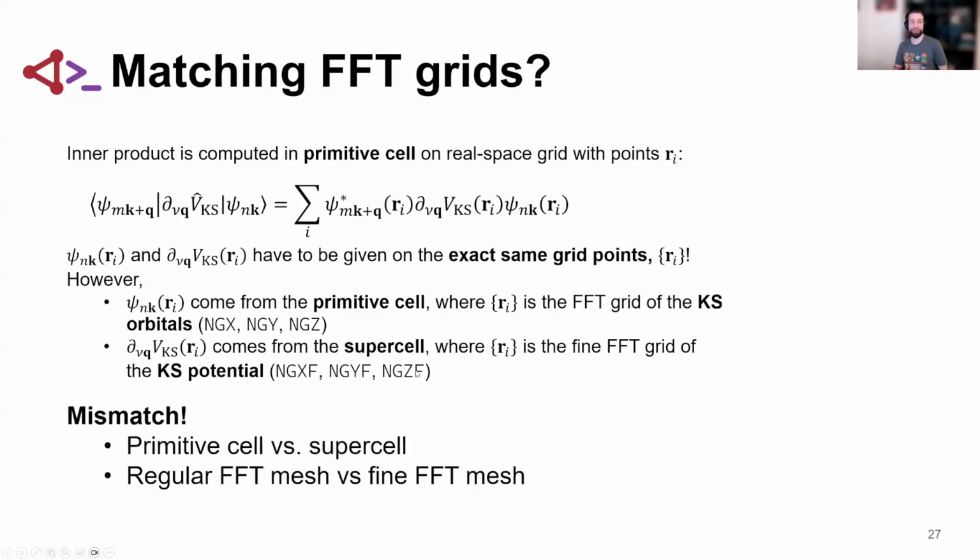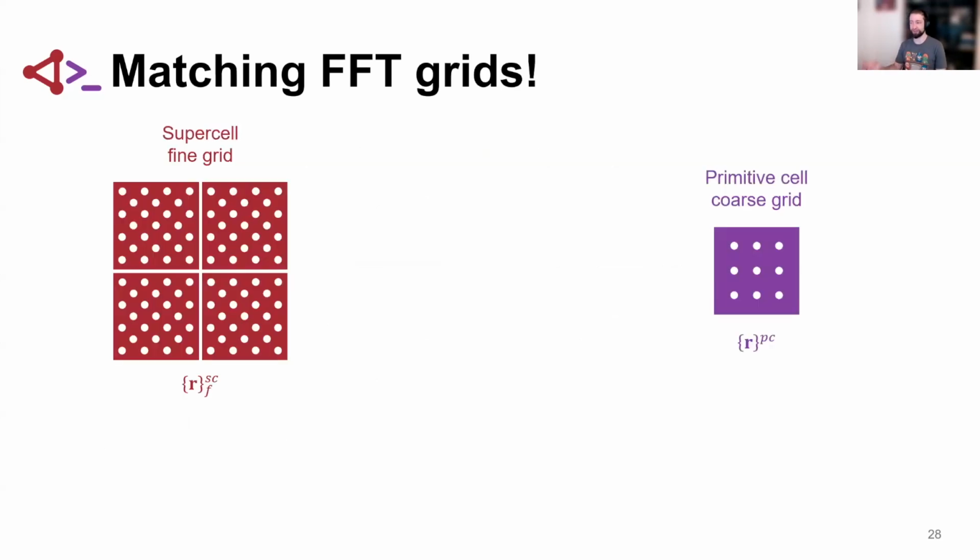And so we have a potential mismatch here between, first of all, primitive cell and supercell, since those things come from different kinds of calculations, but also in the types of FFT mesh that are used. One is the regular FFT mesh for the orbitals, and the other is a fine FFT mesh for the potential. So we need to find a matching procedure to go from one grid to the other.